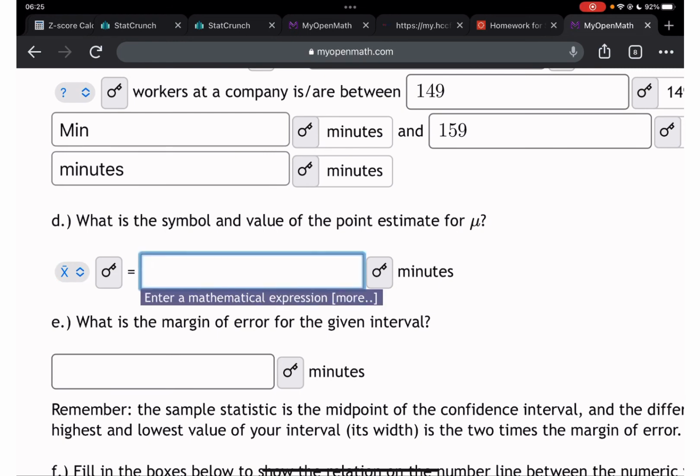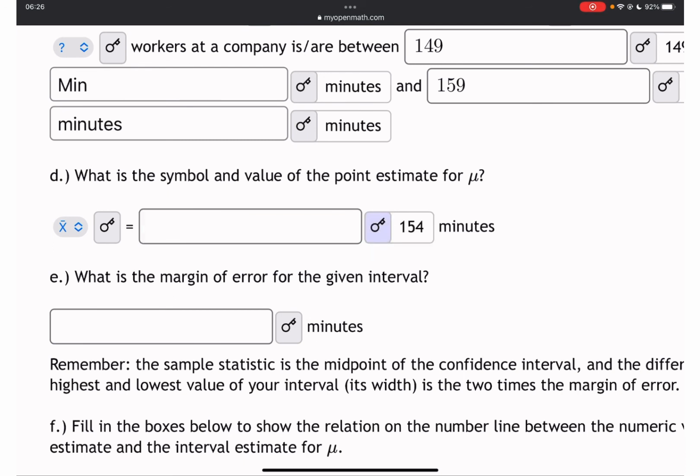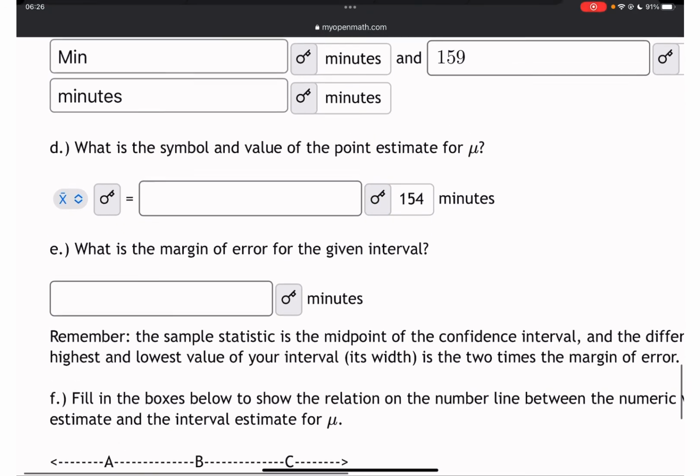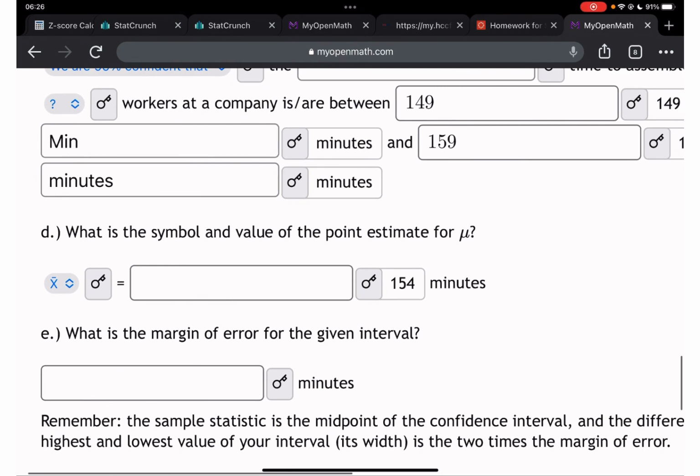Now it doesn't bring up the keyboard, that's fine. Well, I said 154, let's check. Exactly, 154. And for the margin of error, it's going to be subtraction. 159 minus 149, we are getting 10, and divide by 2, we are getting 5. Okay, 5. Very good.